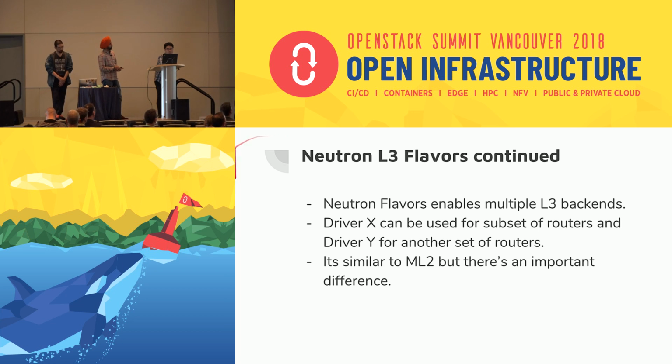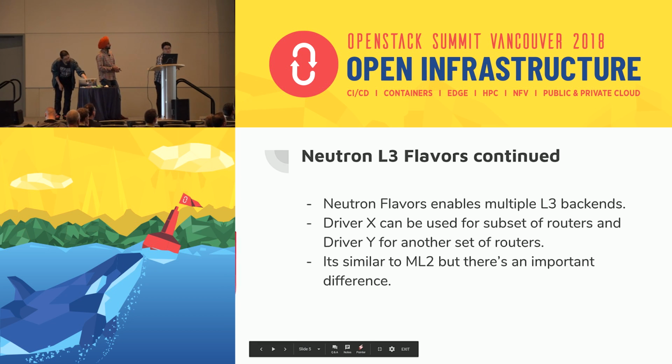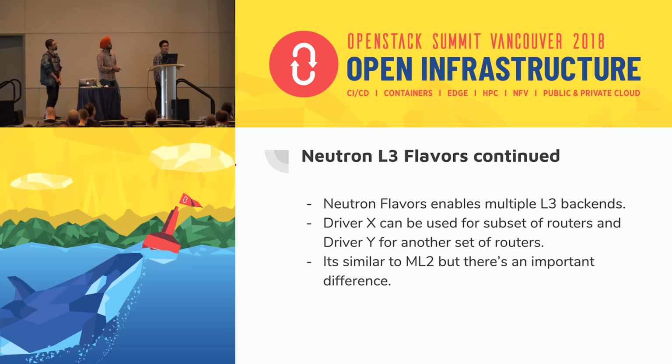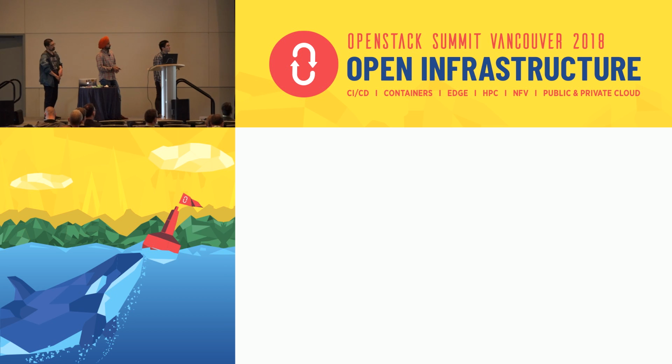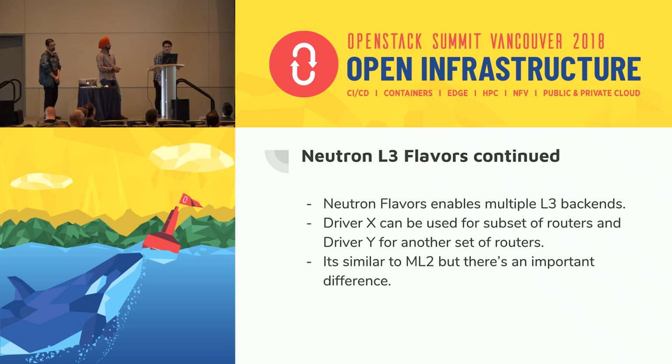It's very similar to ML2, but there's an important difference. ML2 allows you to have different layer 2 backends like Open vSwitch and Linux Bridge, and there is some implementation difference.